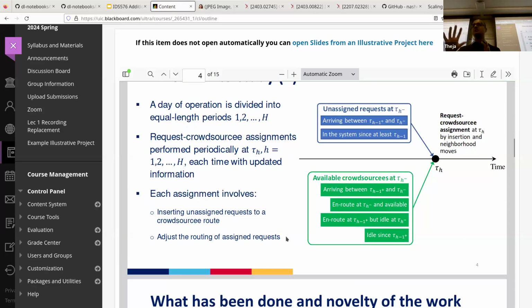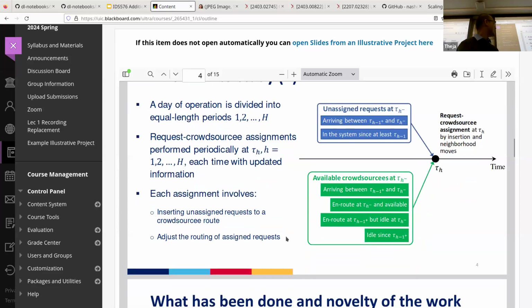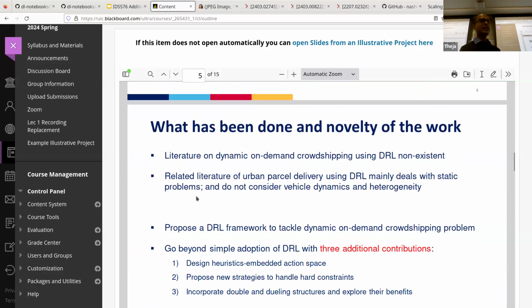And so the team's effort was mostly on the domain side. It turns out in this problem, the key thing is to do assignments. And how do you do the assignment? They picked deep reinforcement learning as a tool. There's another team which also used deep reinforcement learning for a traffic related problem just last semester.